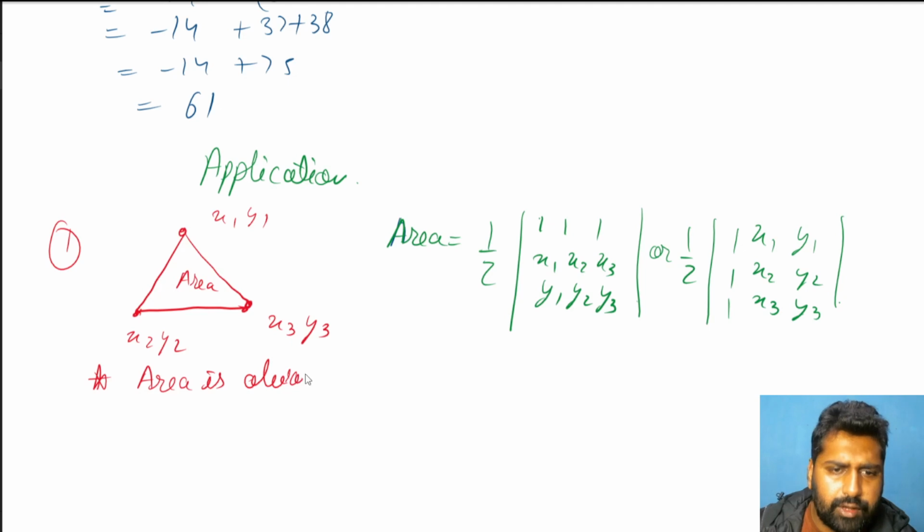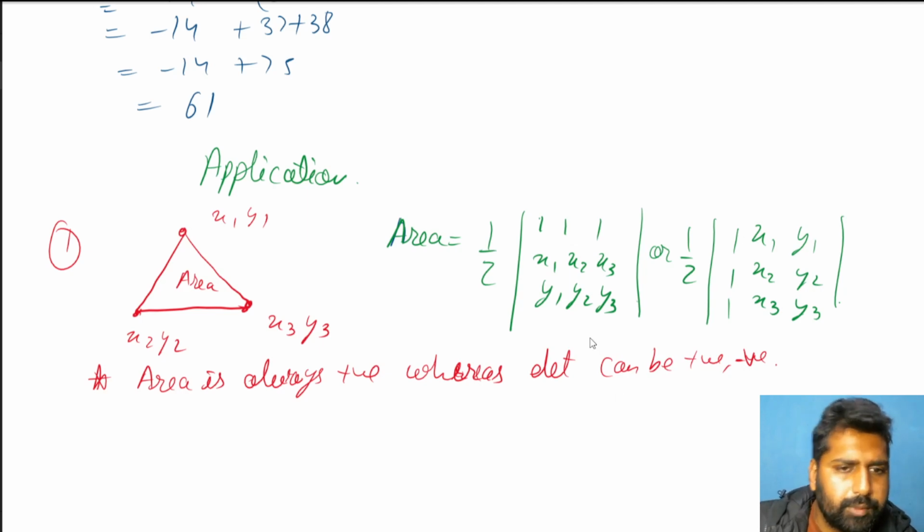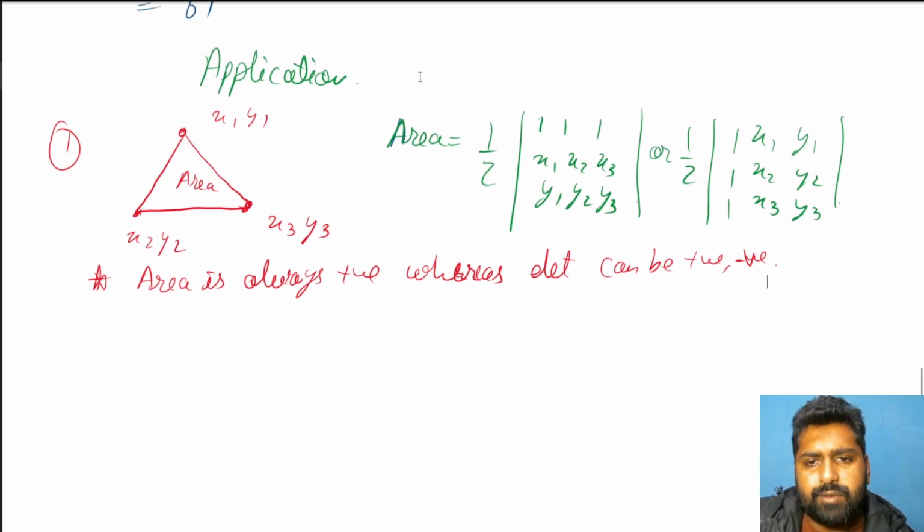A determinant can be negative as well as positive, and 0 also, but positive and negative mainly I'm talking about. So your answer can be positive or negative, just apply mod on it, you'll get a positive answer, that will be your final answer.